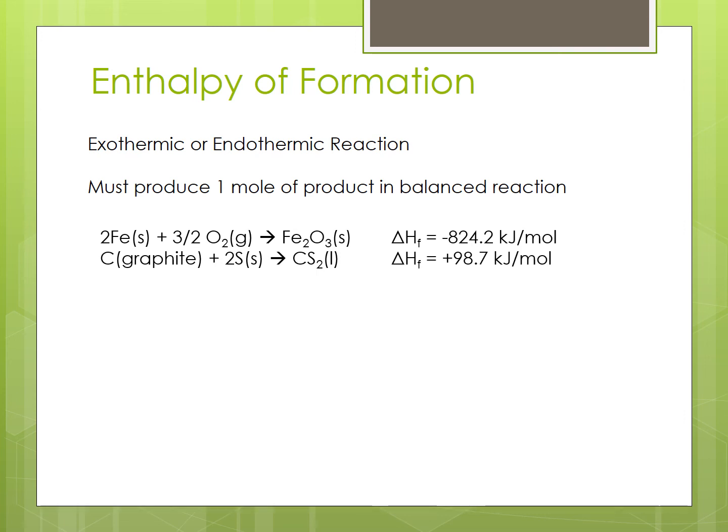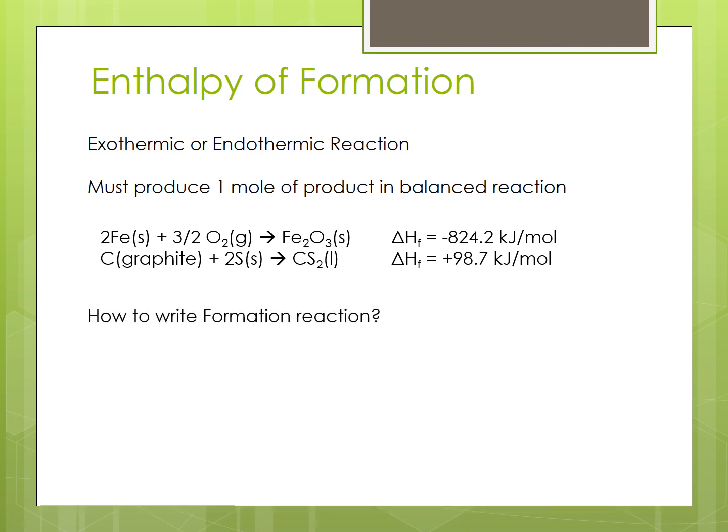Notice the exothermic part, the negative delta H. Carbon plus 2 sulfurs makes CS2, and that is endothermic with the plus notation. So again, they could be both exo or endothermic reactions. So remember that the product is always 1 mole, so you can see that there.